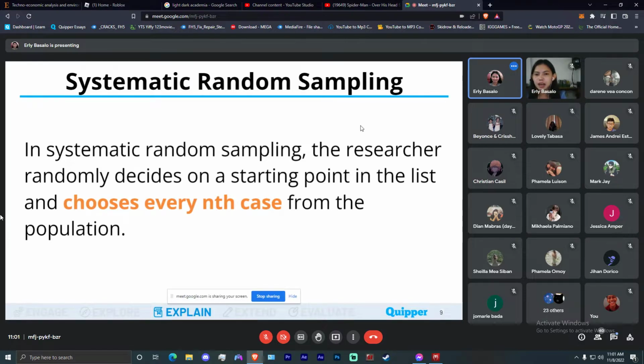Then after counting 1 to 5, you will choose a number, for example, all number 3. So all number 3 will be your participants. So that is one example of systematic random sampling, a method you can apply.